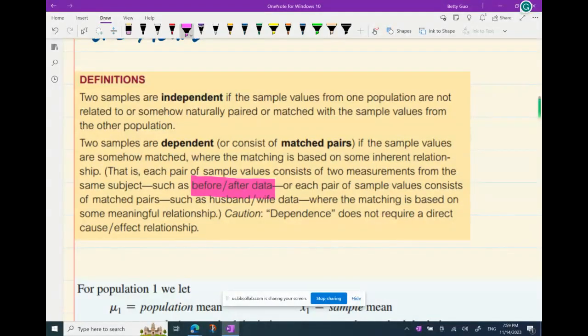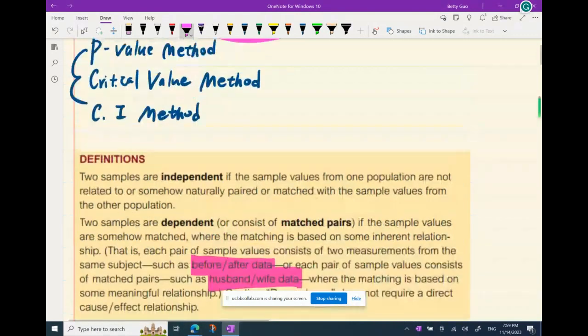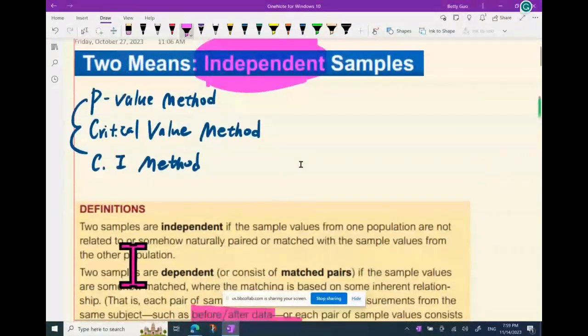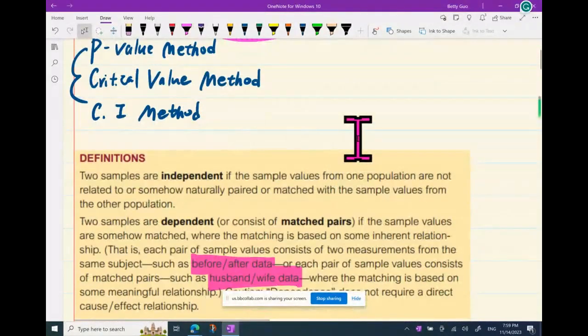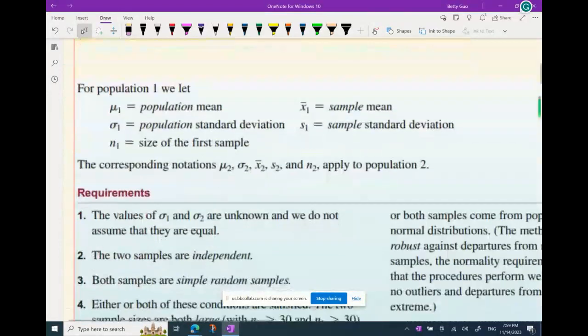Or each pair of sample values consists of matching pairs, such as husband and wife, where the matching is based on some meaningful relationship. So today we focus on independent samples. That means the values from population 1 and the values from population 2 are not related or matching.